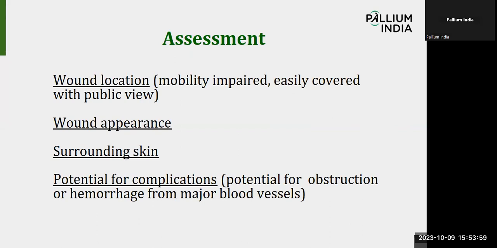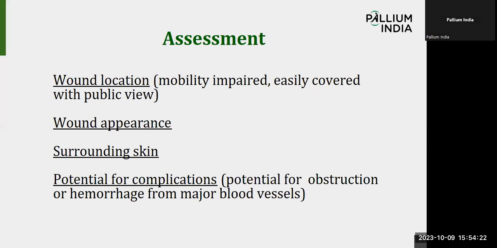And also potential for complication, like potential for obstruction or hemorrhage from the major blood vessels, right? So if it is in the neck area or in the facial area, it can hamper the jugular vein, right? So it can extend towards the neck and it can impair the jugular vein. So it can also burst, and that major, life-threatening complication can also develop.